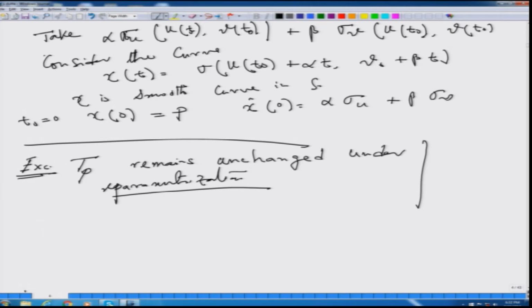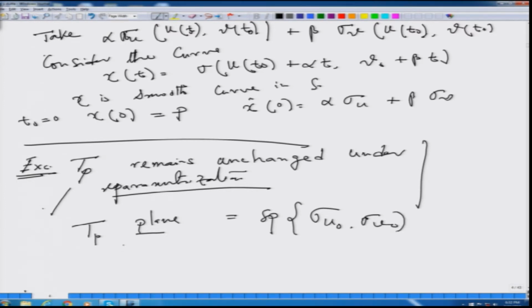Now, so we are justifying calling this T_P a plane. It is generated by the span of sigma u at (u naught, v naught) and sigma v at (u naught, v naught), where P is sigma(u naught, v naught).